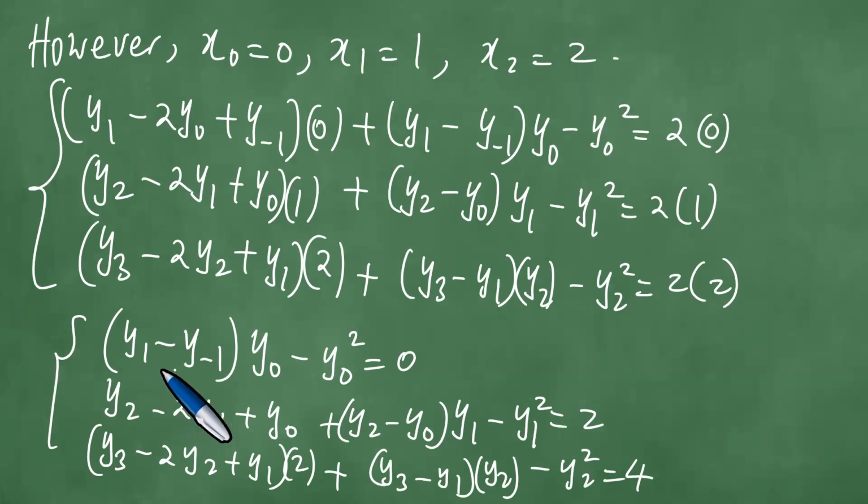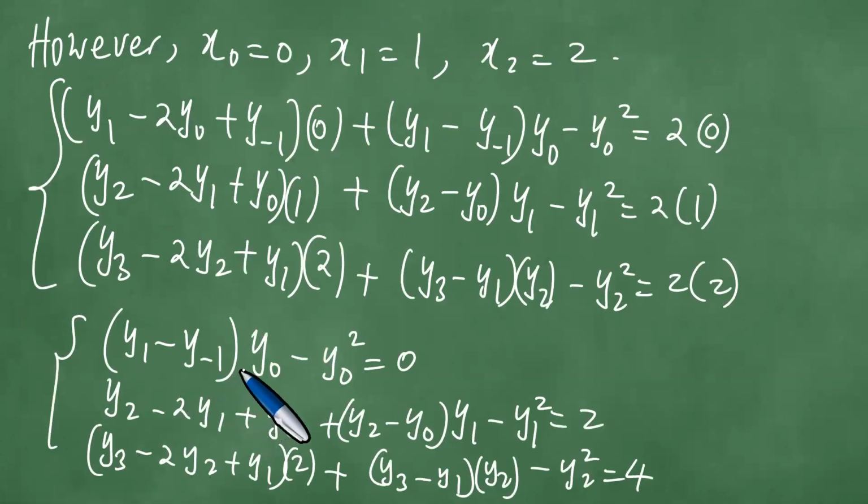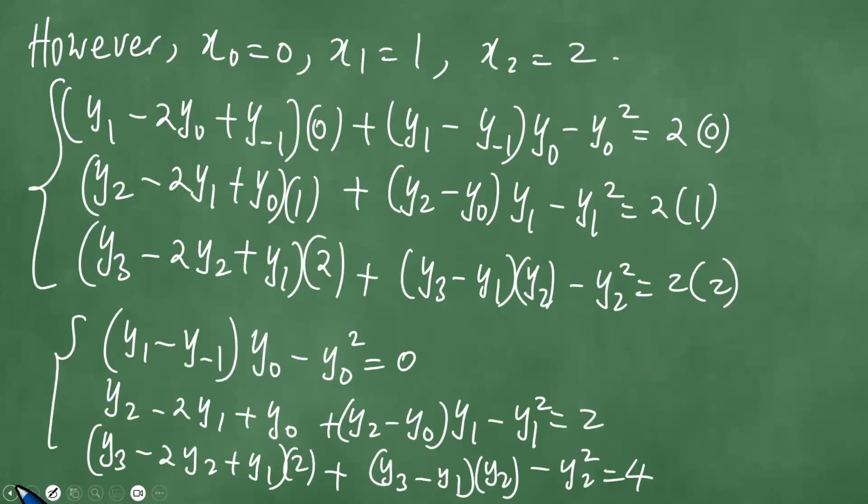Is there any y1 minus, let me see, y1 minus y sub minus 1, y0 is 1. So that is what is going to be used to replace some of the things. Like here is going to replace this one, and it's going to make this one a 1, so that this is going to give us y0 squared.